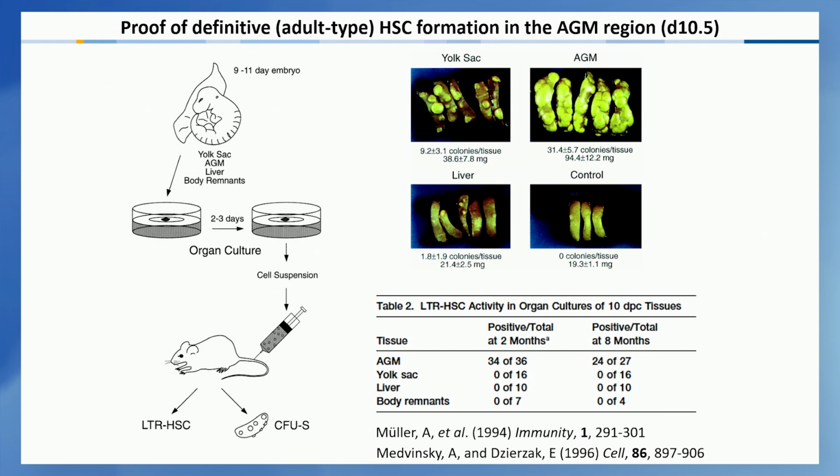Most of the mice transplanted with cells isolated from the AGM region repopulated over time and generated blood, not from the yolk sac, not from the liver.